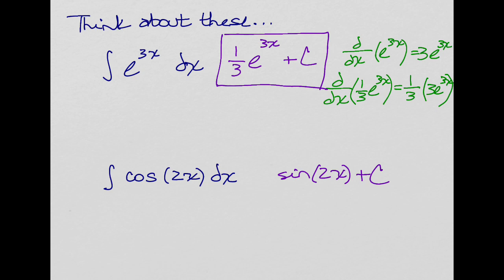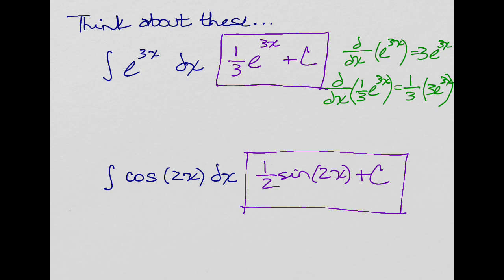I have to counteract that 2, that multiplication by 2, by dividing by 2. Like that. And again, we'll talk about the chain rule and how it works with integrals more formally in the future. But for right now, if you're off by a constant, we can fix that.